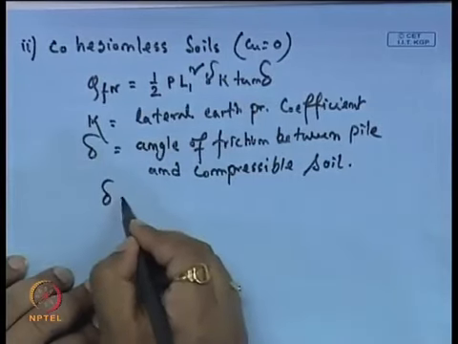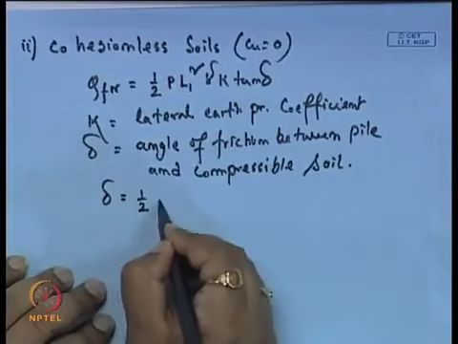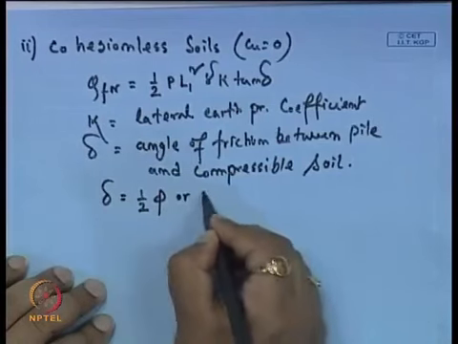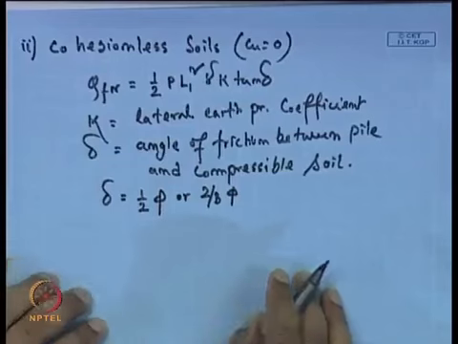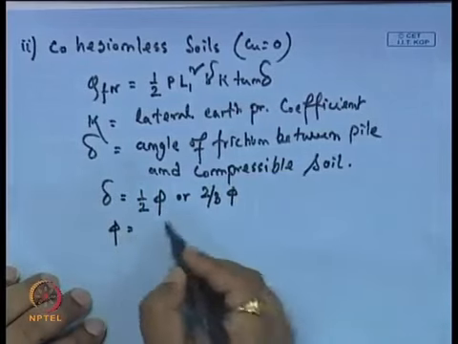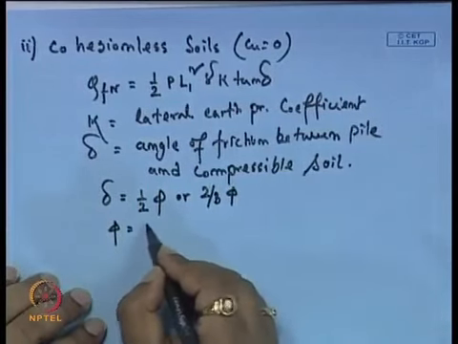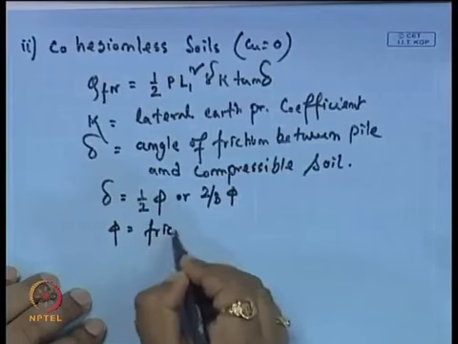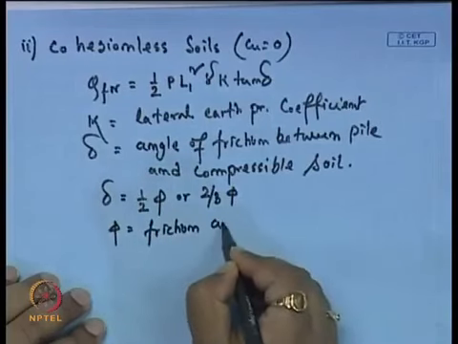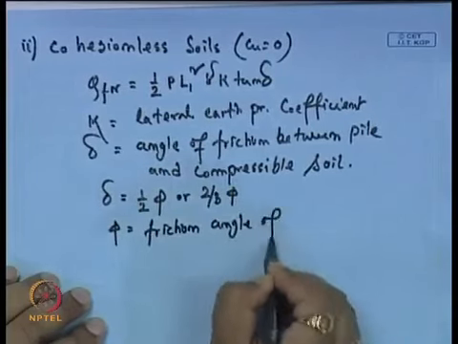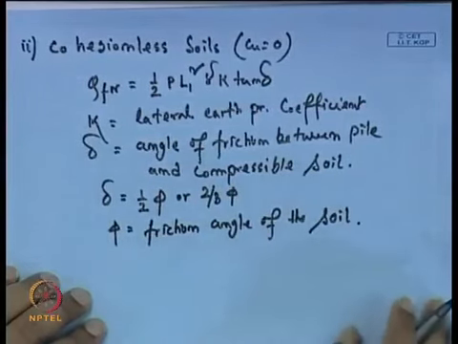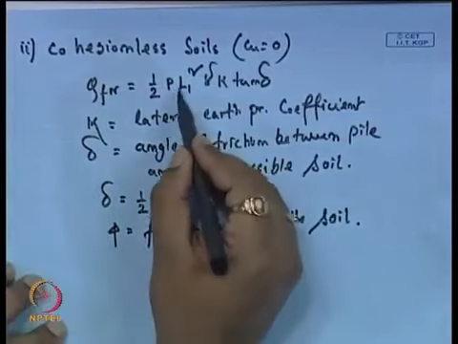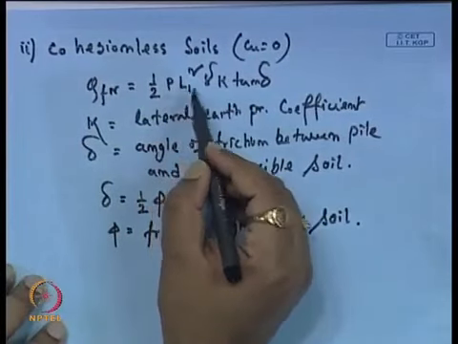Now, generally delta is taken as half phi or 2/3 of phi, where phi is the friction angle of the soil, and P is the perimeter of this pile, as I mentioned.